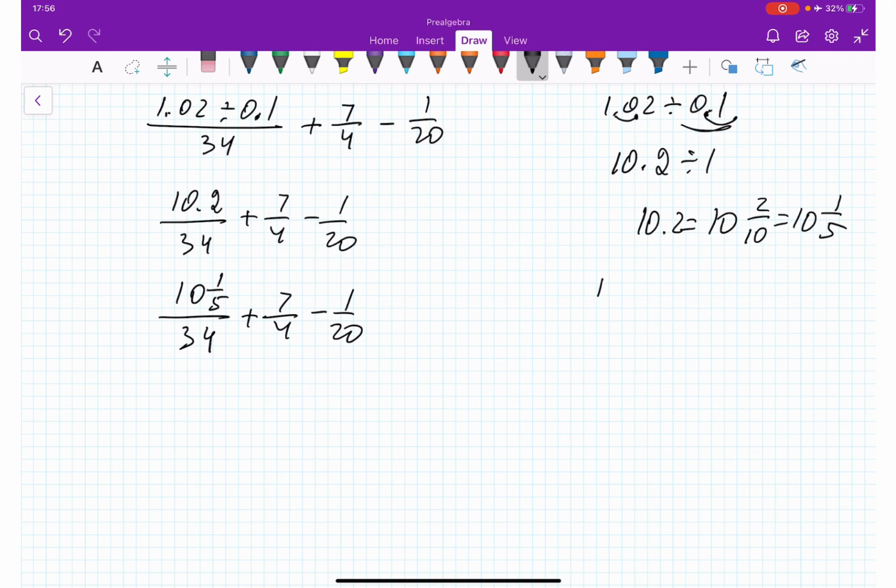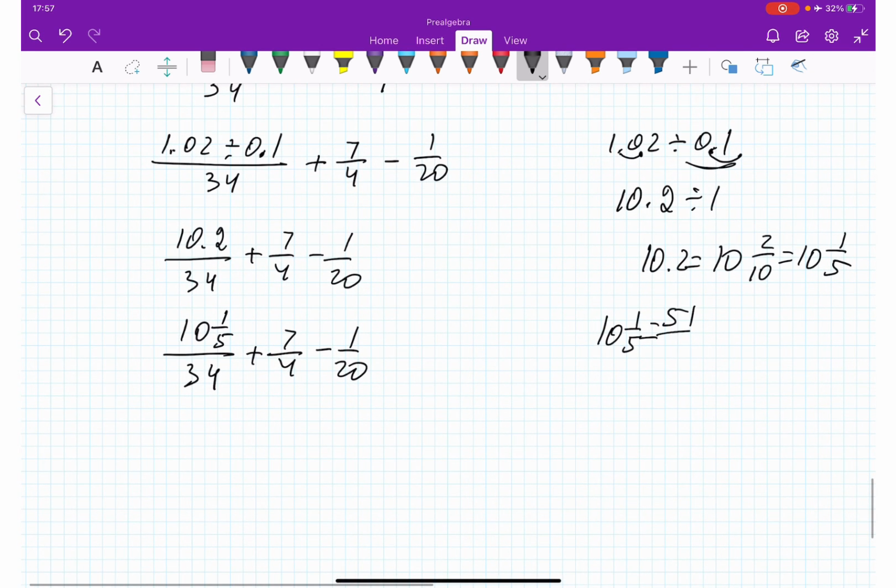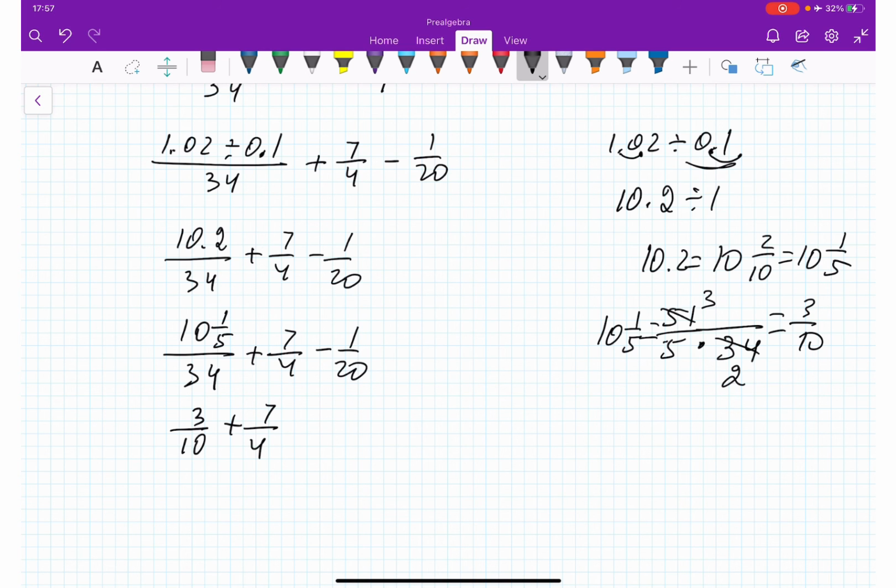Okay, let's divide. 10 and 1/5 is 10 times 5 is 50 plus 1, 51/5, and we divide by 34, so 34 comes here. By 17, 51 by 17 is 3, 34 by 17 is 2. We are getting 3/10. So 3/10 plus 7/4 minus 1/20.